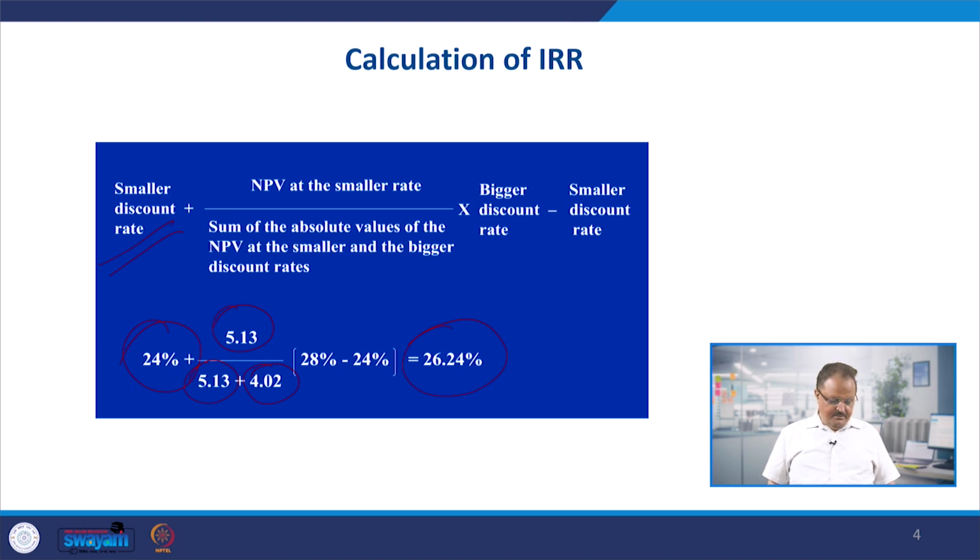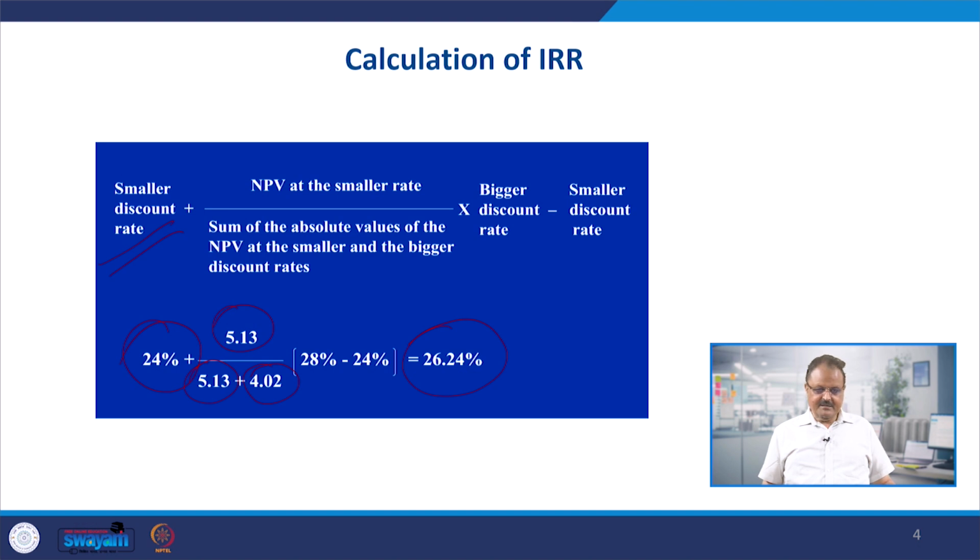With this sum, you divide the NPV at the smaller rate and multiply it by the difference between the bigger discount rate, at which the NPV becomes negative, and the smaller discount rate, at which NPV is still positive. If you solve this, you will find that the internal rate of return available from this venture is 26.24%.